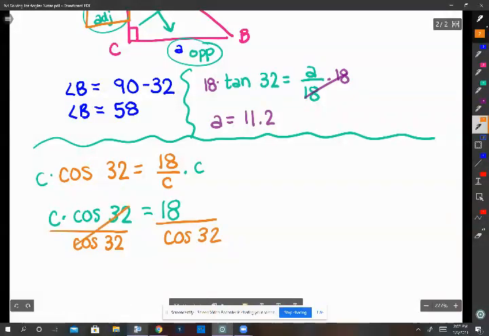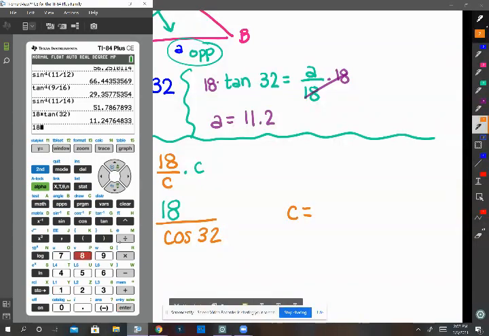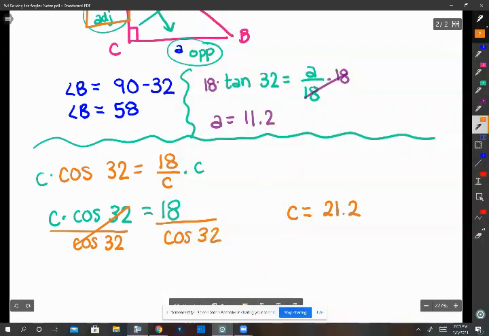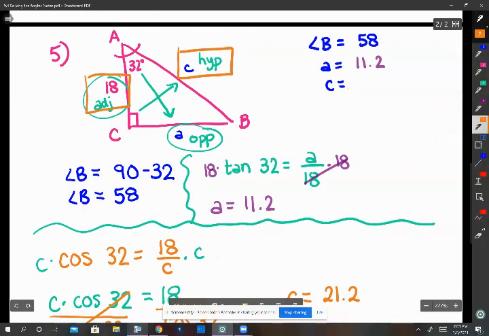These go away, and we're left with C is equal to 18 divided by cosine of 32, which is 21.2. That gives us our third missing piece. When it asks you to solve a triangle, you're finding all of the missing pieces.